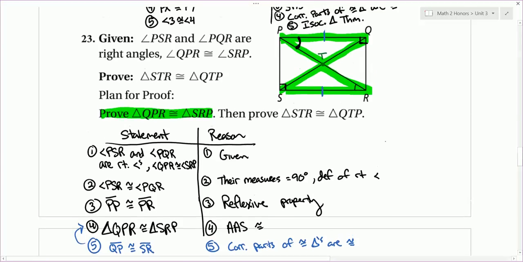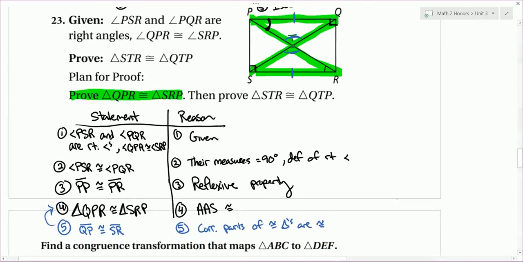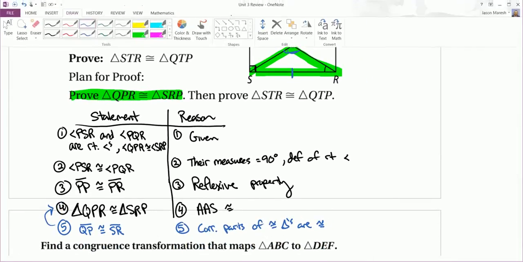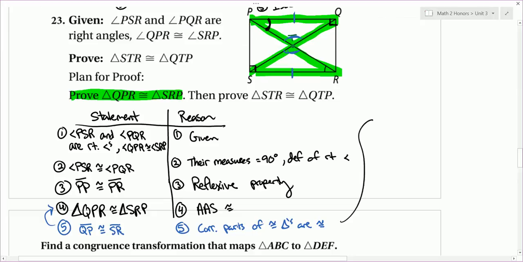Let's see, what else do we have? We have vertical angles congruent. So I'm running out of space here. I'm going to continue my proof over here. So number 6, we'll say angle STR.